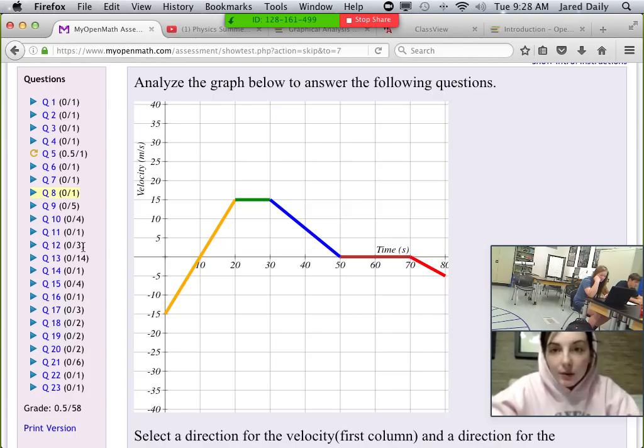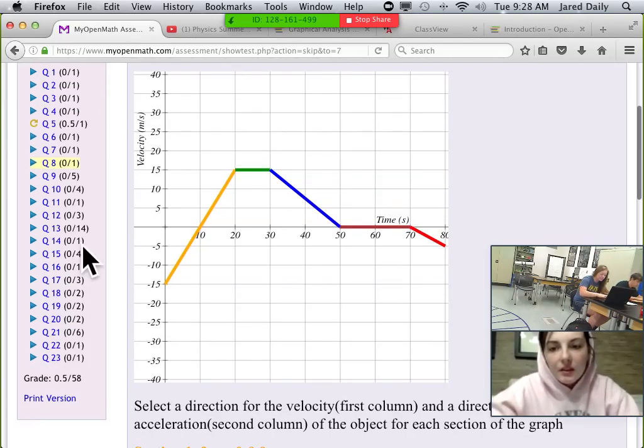It's moving back. So a negative velocity means that it is moving backwards, right? Is that what you're asking? Yeah. And the only places that we have a negative velocity are between 0 and 10 seconds and 70 and 80 seconds.